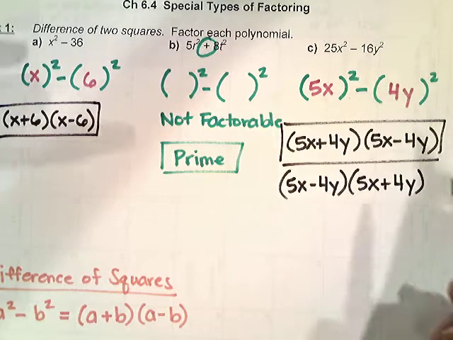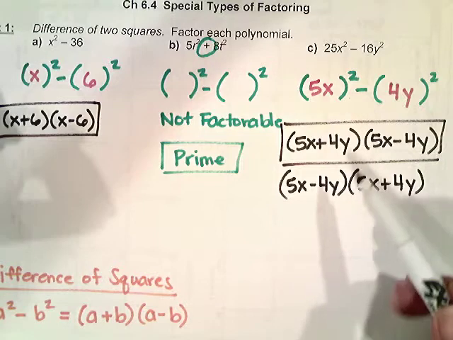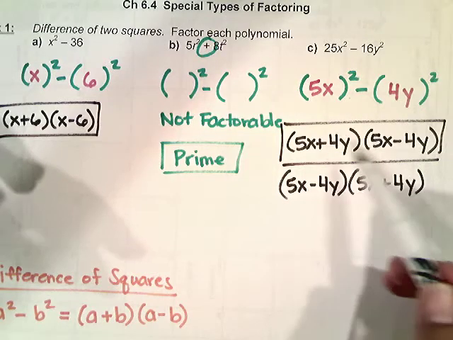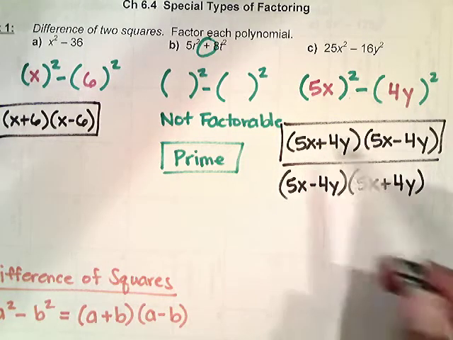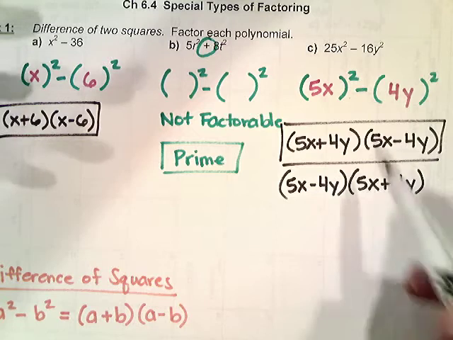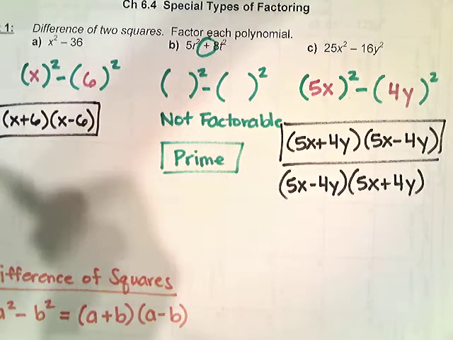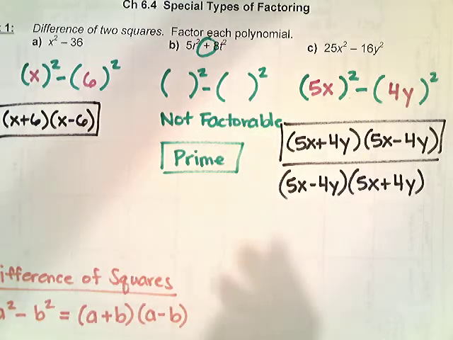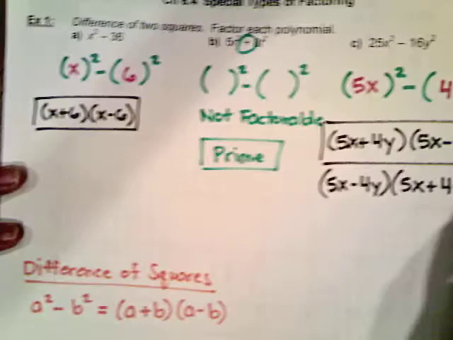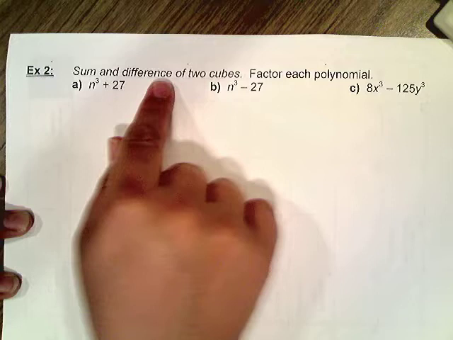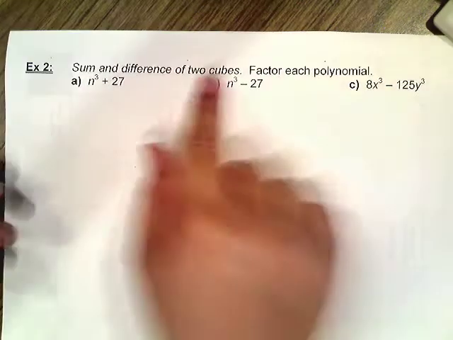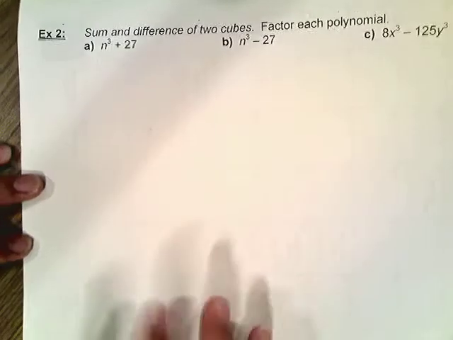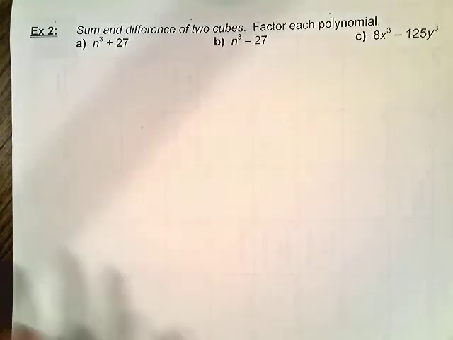However, there will be some occasions where it's actually going to make it easier if we write it like this, with the plus first and then the minus. But technically these are equivalent expressions. So that's our first special type of factoring. The second special type of factoring is our sum and difference of two cubes. So we actually have two patterns for this. We have one with a sum and one with a difference.